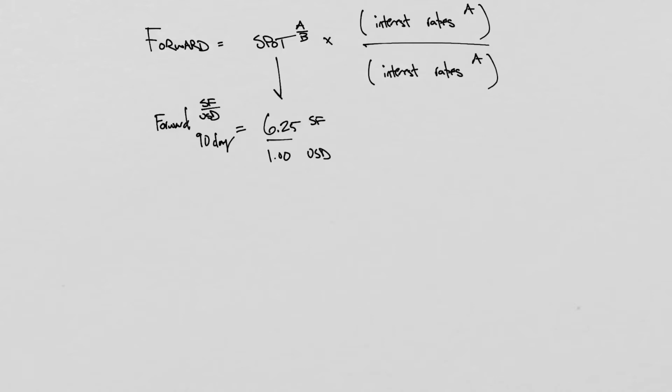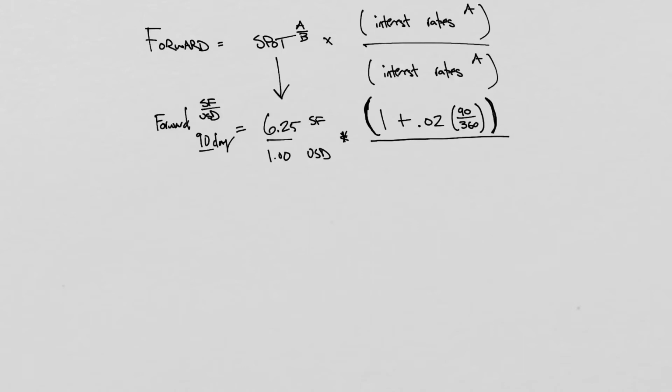The next step after that is to look at what interest rates are in Switzerland. If we find out that they are 2%, then we've just figured out our denominator. Almost. The one exception is that if interest rates in Switzerland are 2% per year, and this is a 90-day forward contract, we have to de-annualize that annual interest rate so that it's a 90-day interest rate.